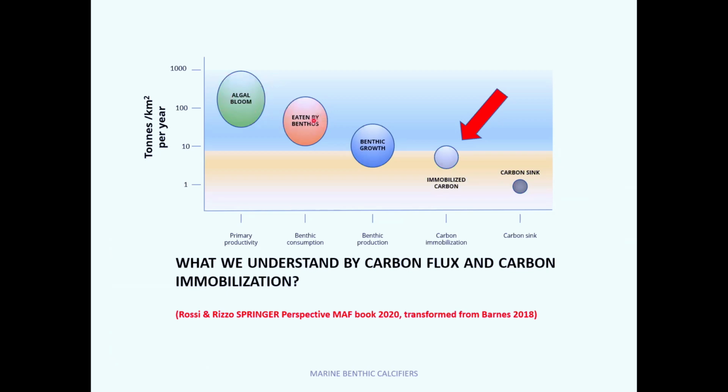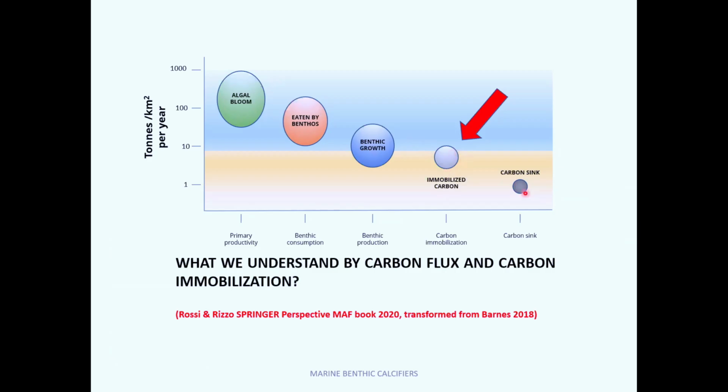From this, eaten by benthos, there is a benthic growth. So the organism grows in part due to the heterotrophic flux that is coming from this carbon. And this benthic growth remains partly immobilized as carbon in structures.